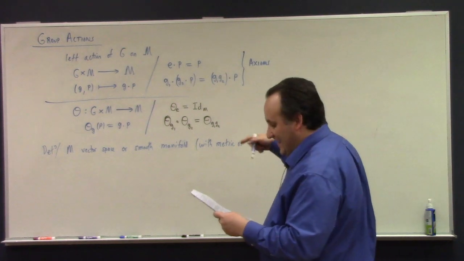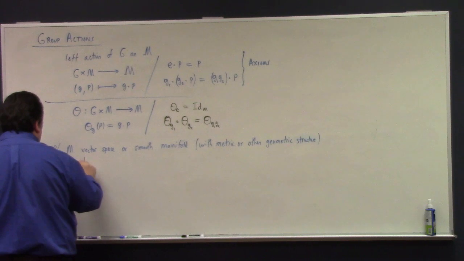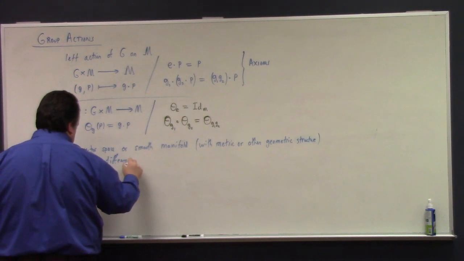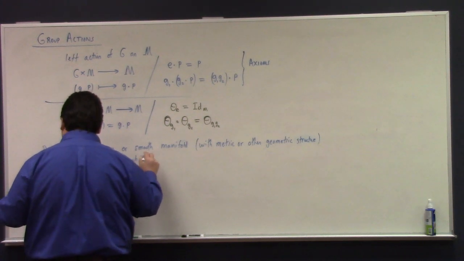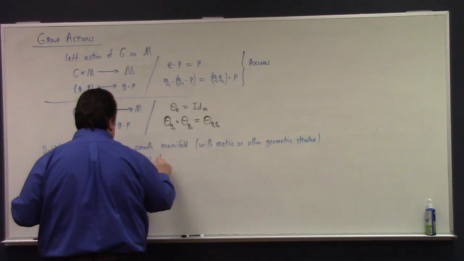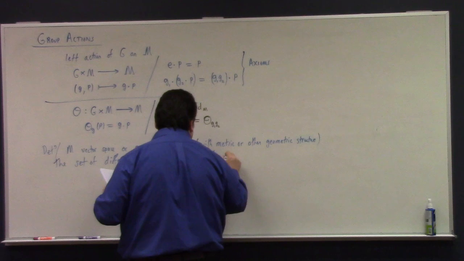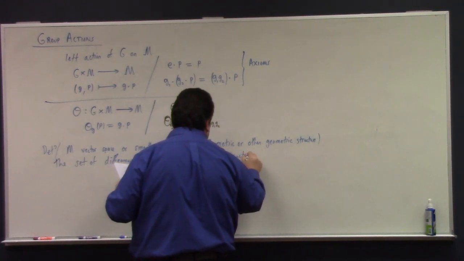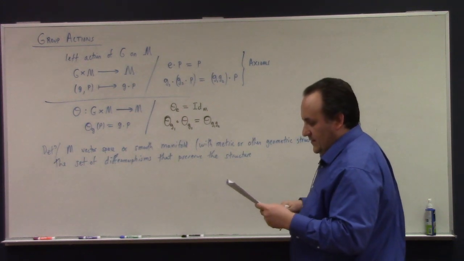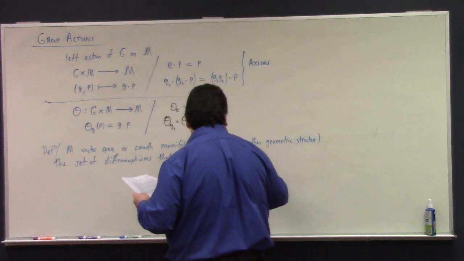In this case, the set of diffeomorphisms that preserve the structure, all right, and we're being kind of cagey, whatever that is, structure, is called the symmetry group of the structure.